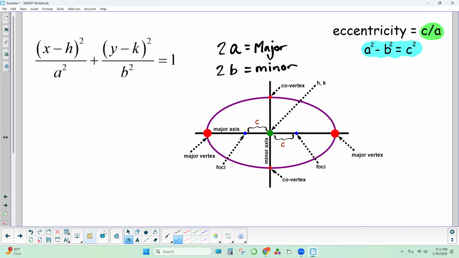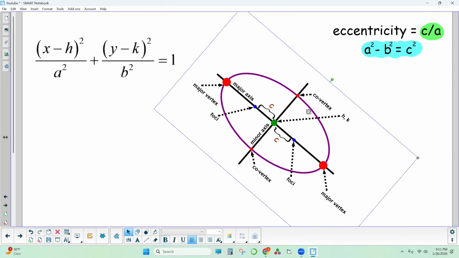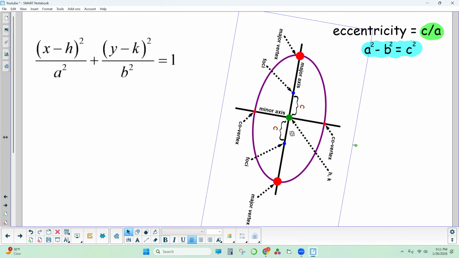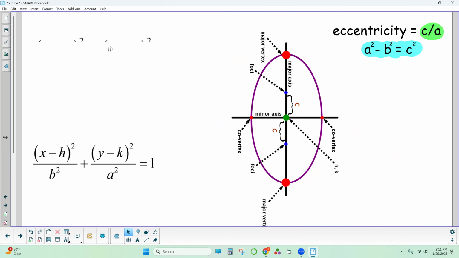All right. Now, we can rotate this ellipse, which I will do right now. And now it is a vertical ellipse. Okay. And now we will use this form of the equation.